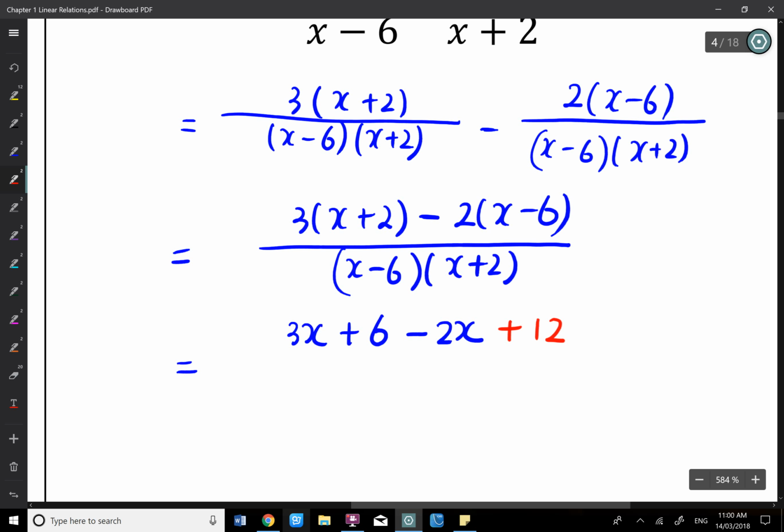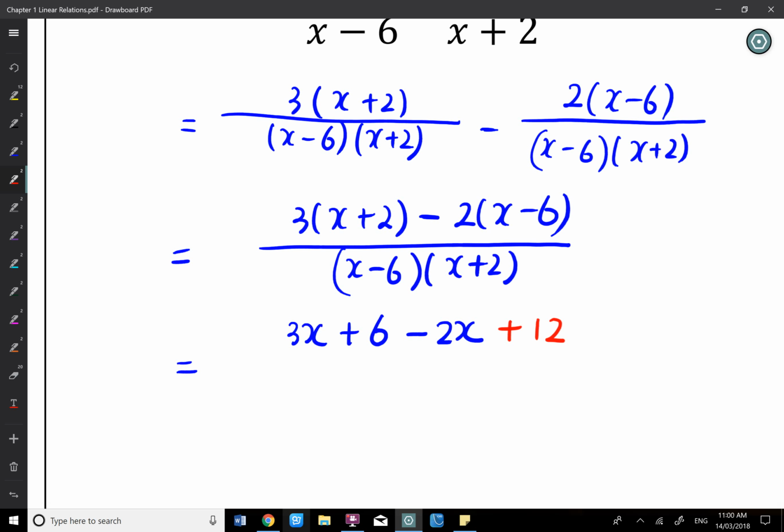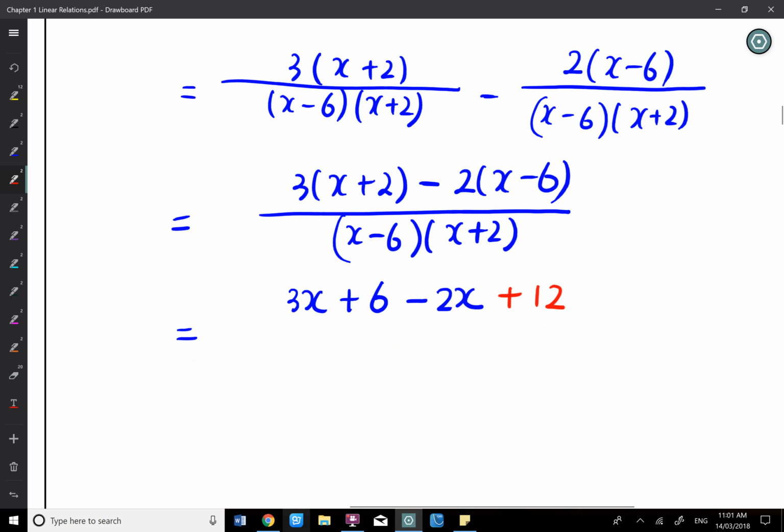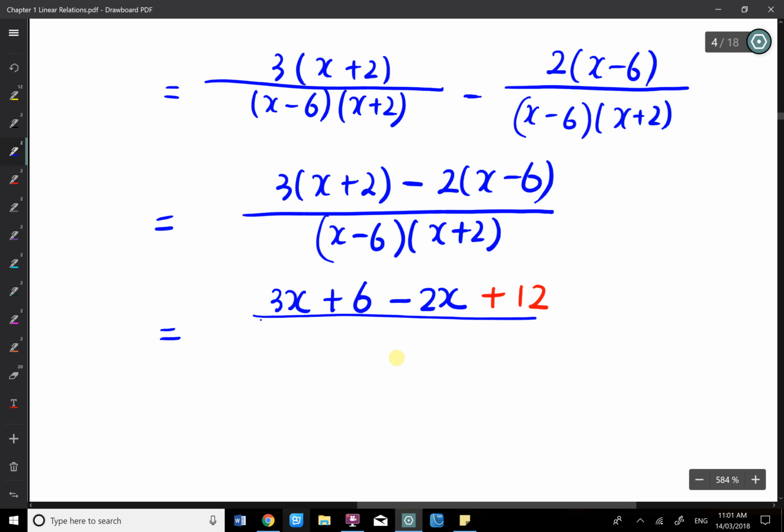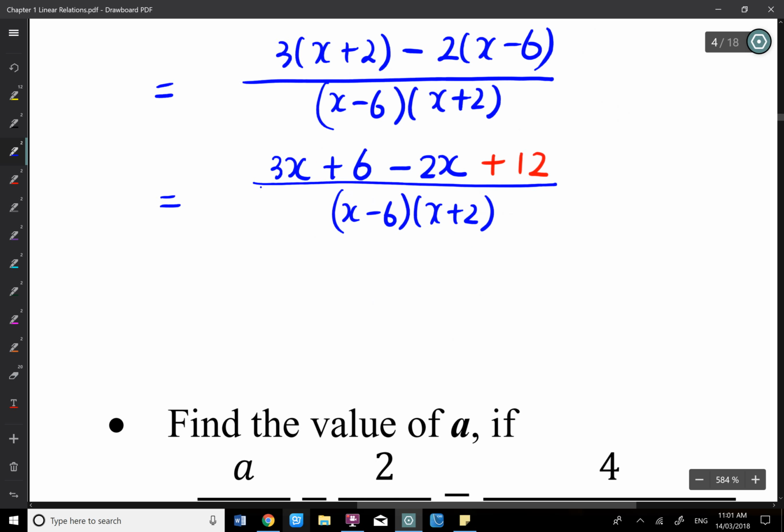If you expand first and then combine them, you may get this wrong. So this will change sign, become a plus 12, not a minus 12. And then over, I'm not going to expand the bottom, just keep the denominator like that. I'll see if I can simplify further later.